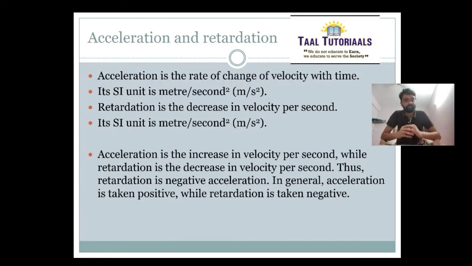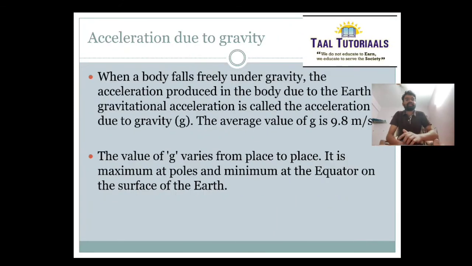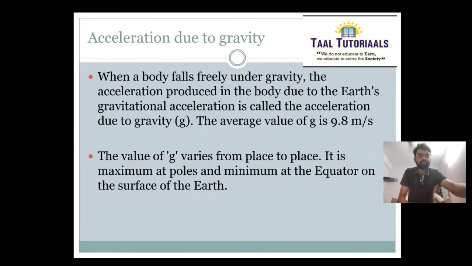Now, we'll come to the last part, that is acceleration due to gravity. See, when a body falls freely under gravity, the acceleration produced in the body due to Earth's gravitation is known as acceleration due to gravity.